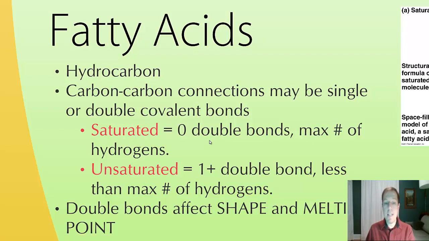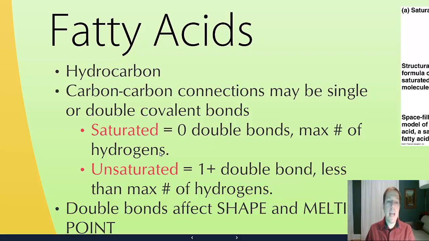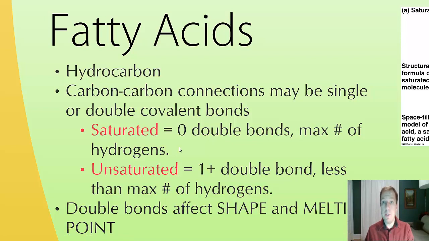What we notice is that every time a double bond is added, hydrogen atoms are removed. So saturated fatty acids have the maximum amount of hydrogen possible given the size of the chain. We could classify any fatty acid with double bonds then as unsaturated. It has less than the maximum number of hydrogens, and therefore it is not saturated, or unsaturated.